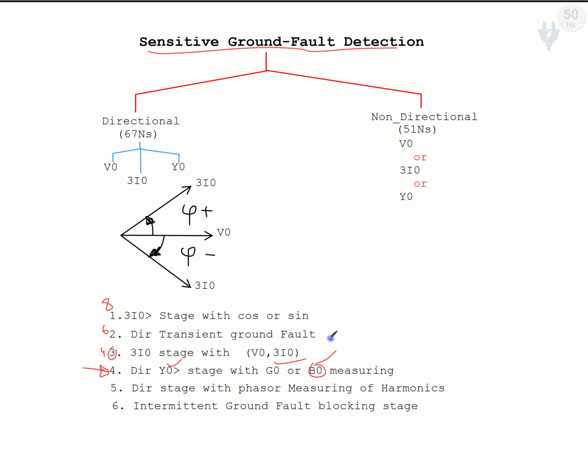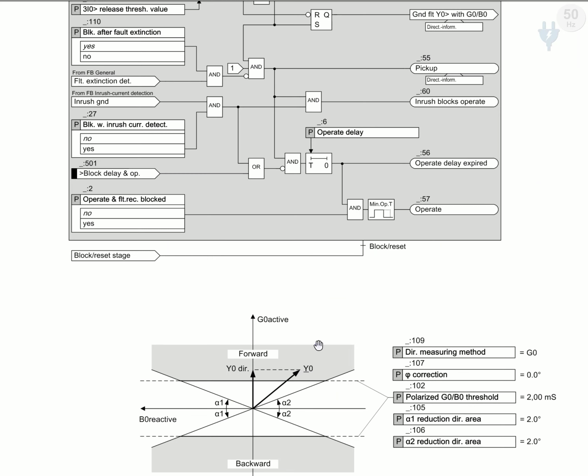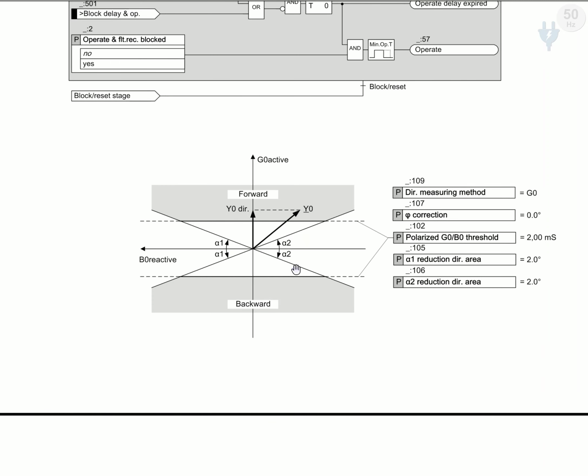A deep similarity between these two methods is that in the first method which we discussed, the zero sequence current threshold by cosine phi and sine phi measuring, or one of them, there are many similarities. The same axis is there.